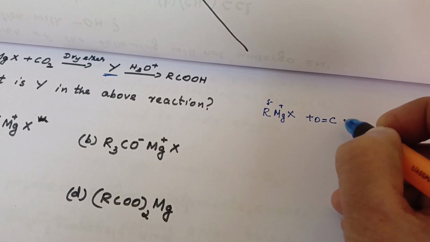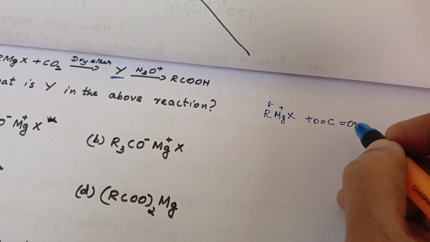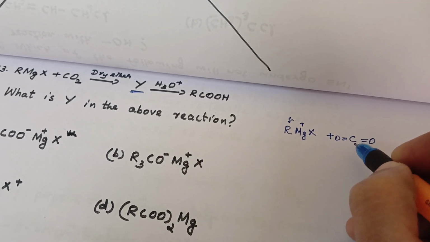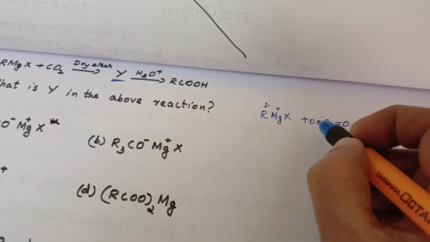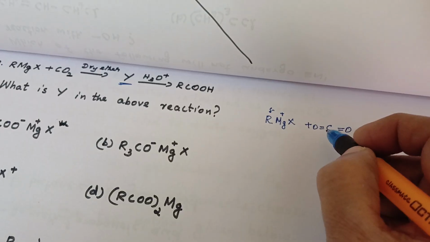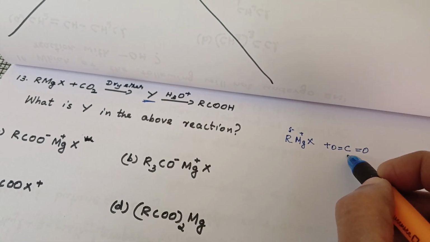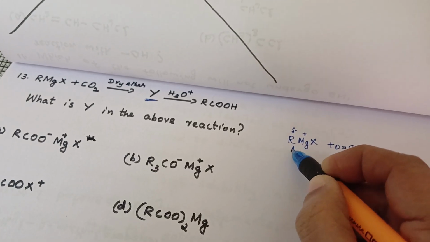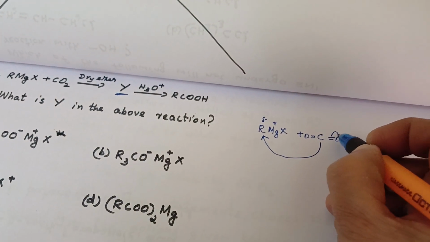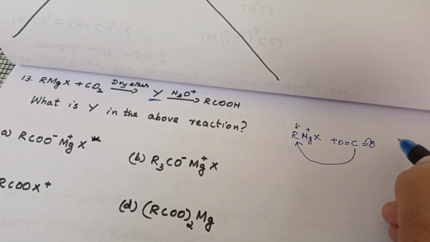See, double bond O, oxygens have lone pairs, but oxygens are electronegative also, so this carbon will tend to have a positive charge and it will come and attach to this here, and one bond will move here, O minus you will get.